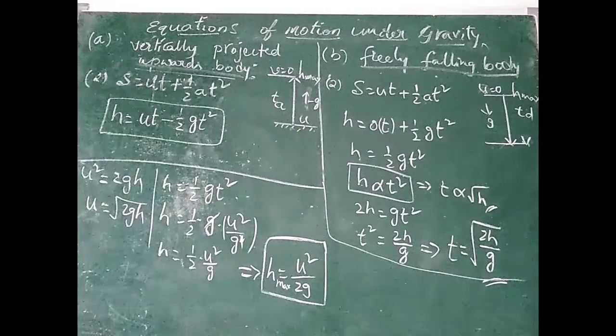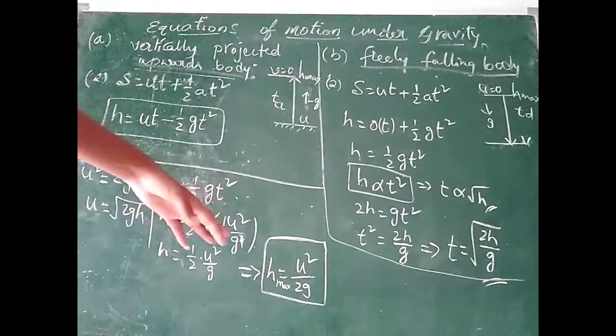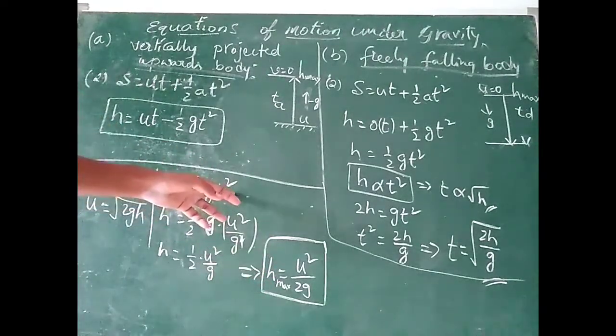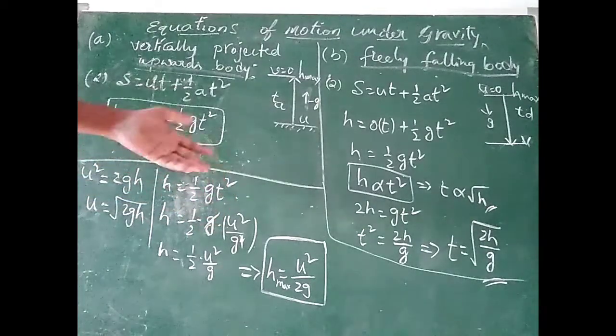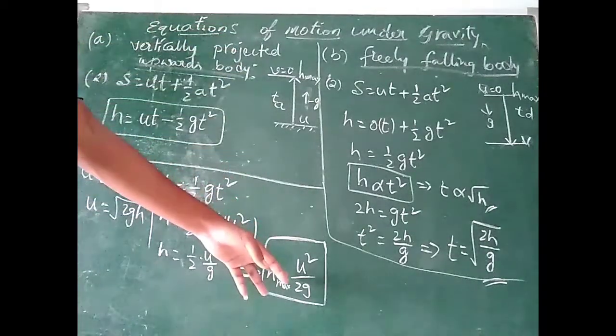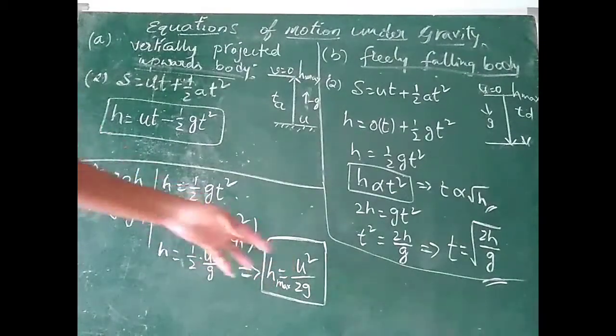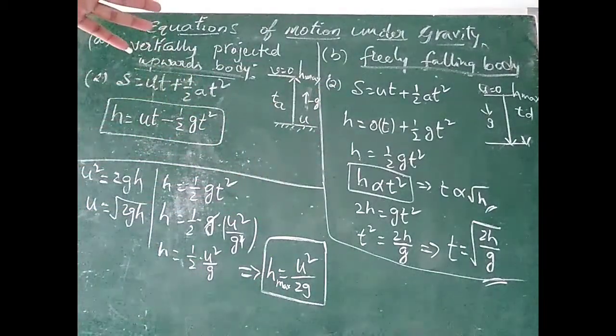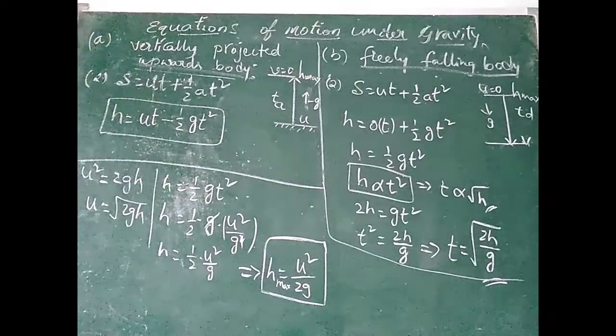And we can replace this. Here t is equal to u by g for a vertically projected body, and t is equal to v by g for a freely falling body. Whatever the case is, u or v, here we consider both as same.